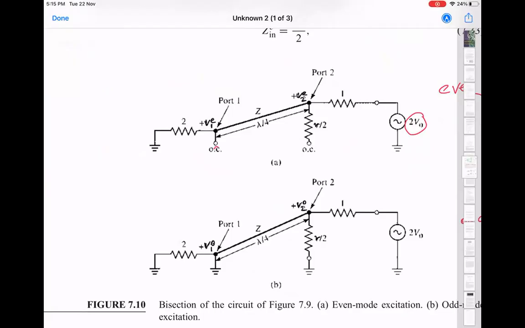And for this case, you do the opposite. You again have the same source voltage 2V0, but now you have the R by 2 connected to ground and also this part connected to ground. Because for an odd mode excitation, this potential will also be 0 because of the symmetry.